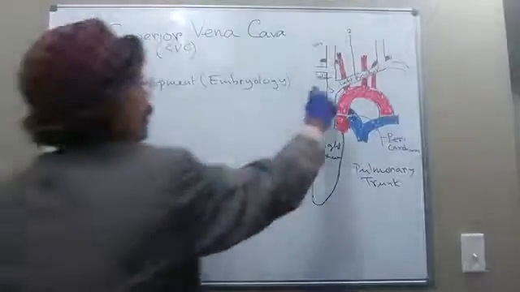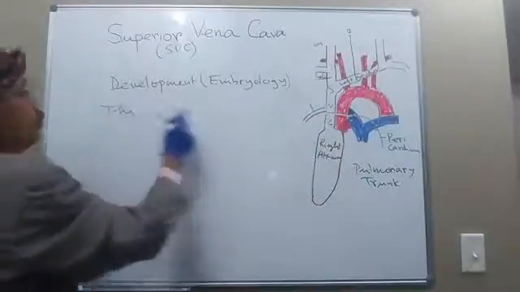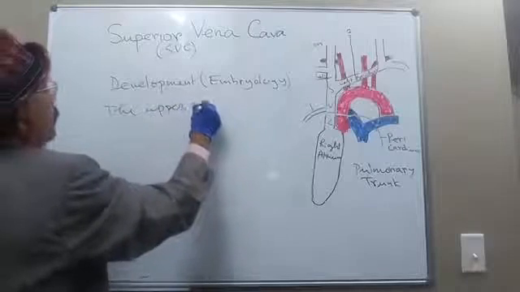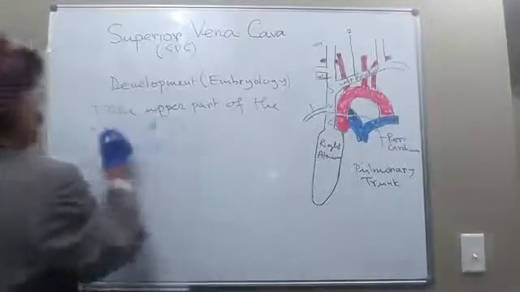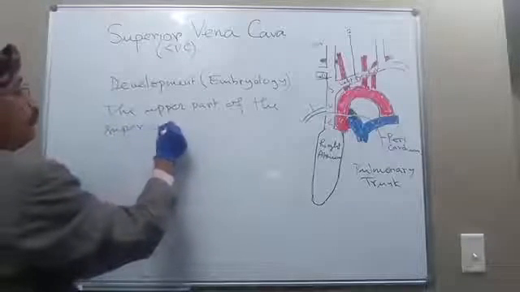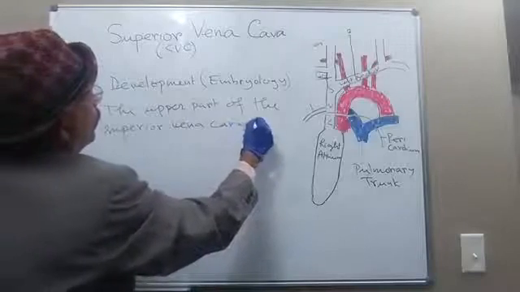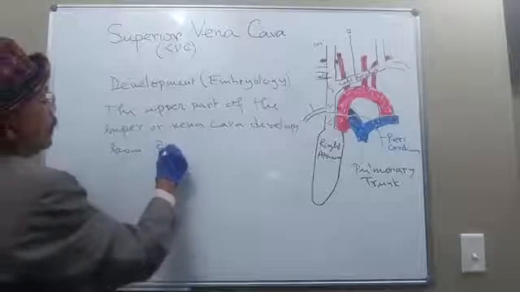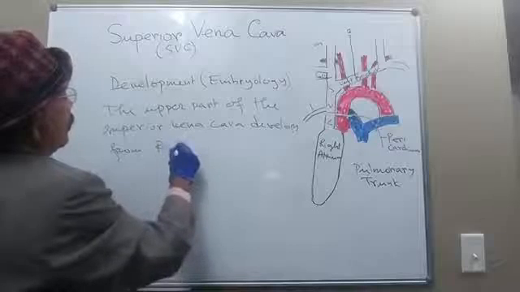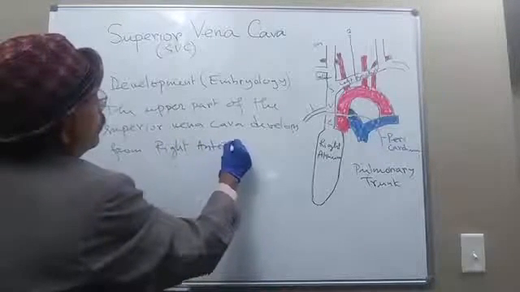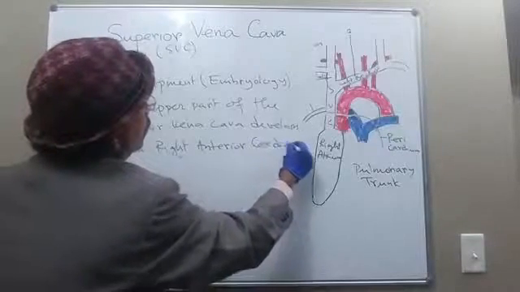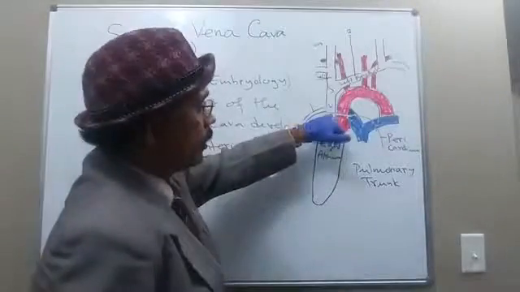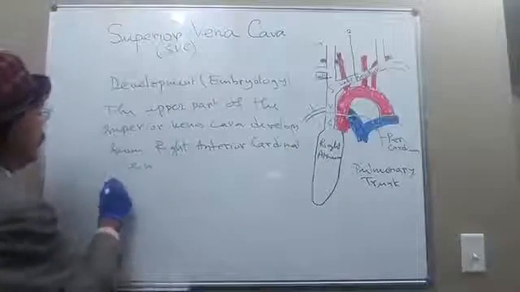The upper part of the superior vena cava, that is before its entry into the pericardium, develops from the right anterior cardinal vein.